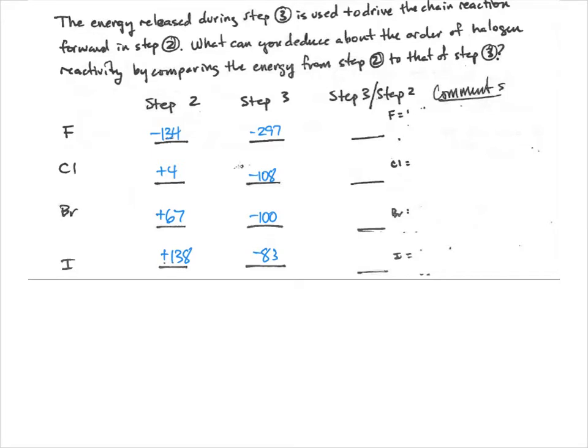So when I say step 2 divided by step 3, all I'm doing is taking that number, 297 divided by 134. That gets you 2.2. So for fluorine, both steps are negative. So we say fluorine is too promiscuous.